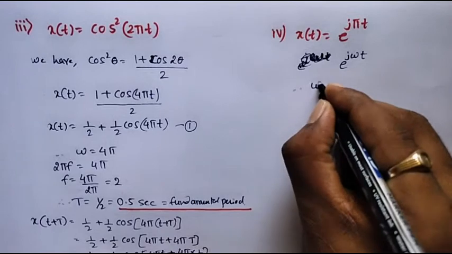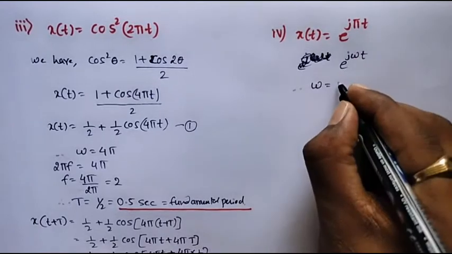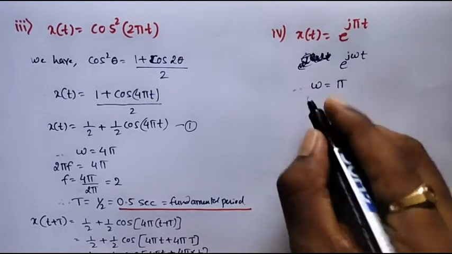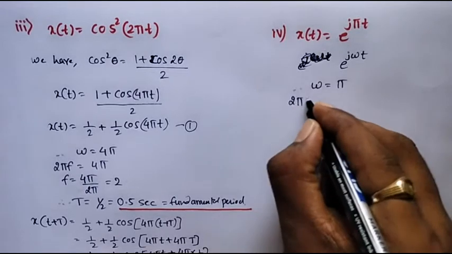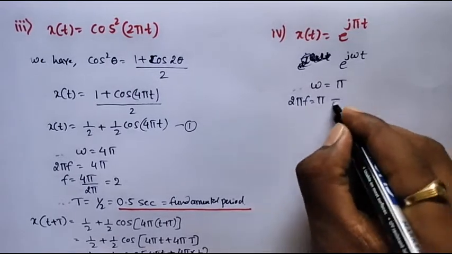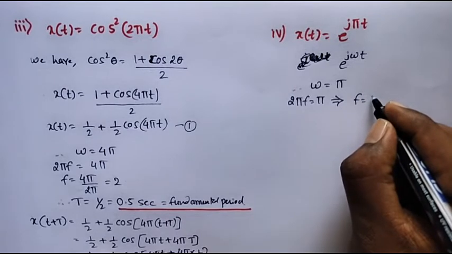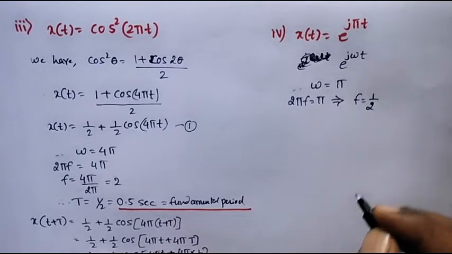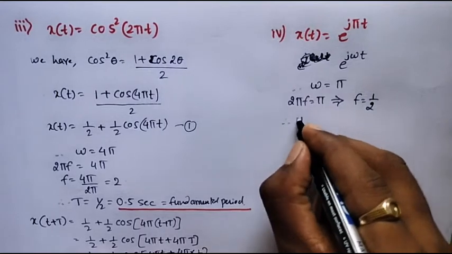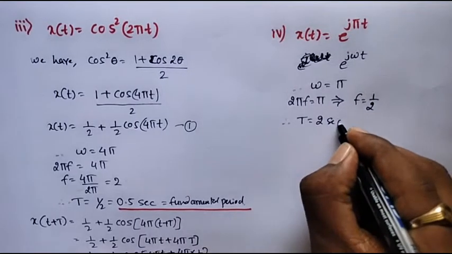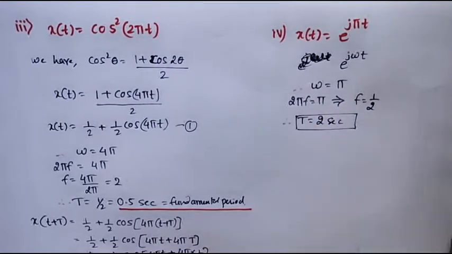Therefore, we can write omega is equal to pi here. Therefore, omega is nothing but 2 pi f equal to pi. Therefore, f equal to 1 by 2. So, therefore, T is equal to 2 seconds. This T is the fundamental period.